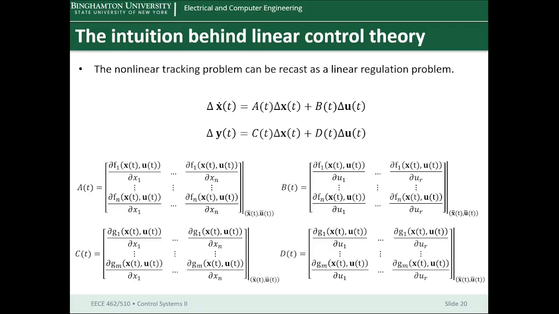Because here we want our linear system to stay near zero or converge to zero. And if you remember, when we defined the regulation problem, we said a regulation problem is a tracking problem where our reference signal is a point. Here, our reference signal in the linear system is a point. That point is zero.